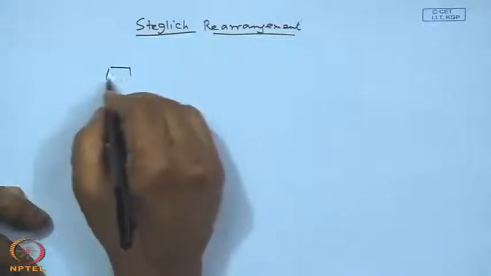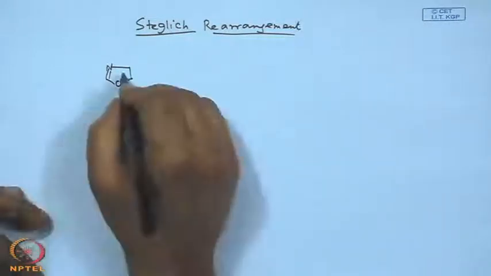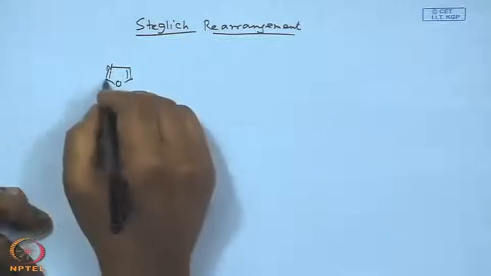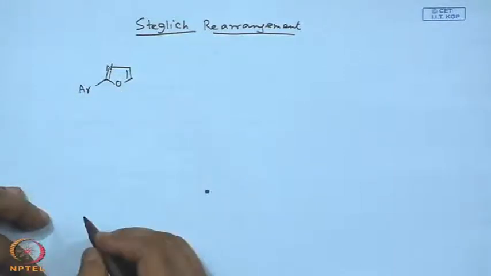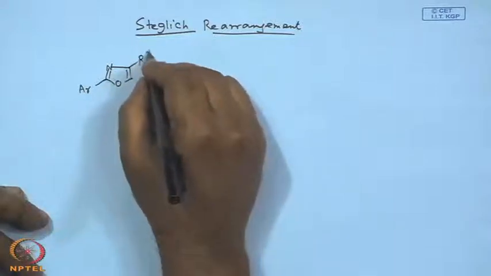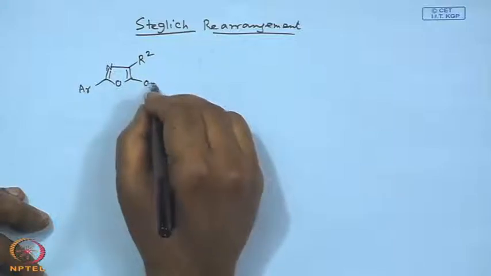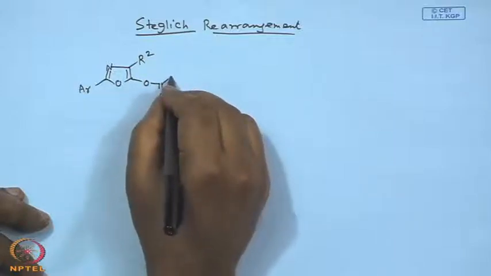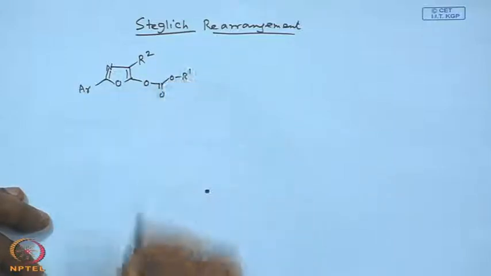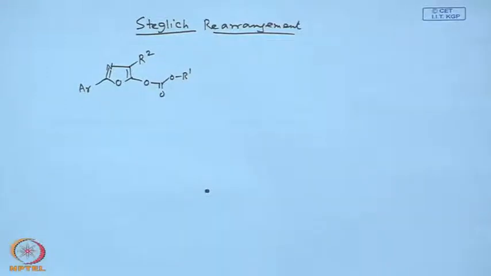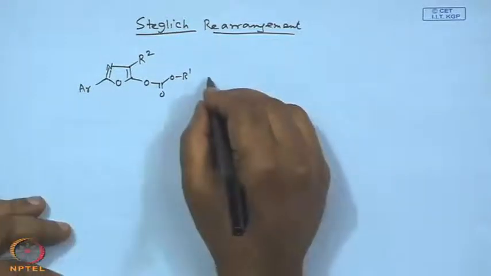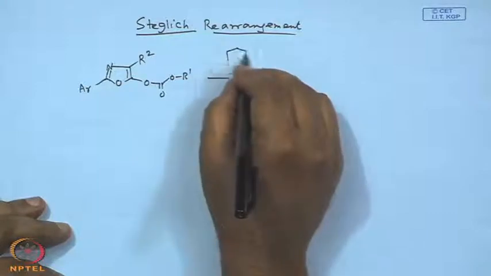It is a very similar reaction again in terms of the substrate, because it starts with an oxazole with a substituent at the 2 position, and if you have, let us say, a group R here, the 2 position is now occupied by a sort of carbonate group and R1. The original discovery was like this.